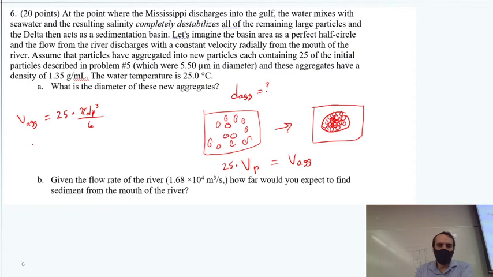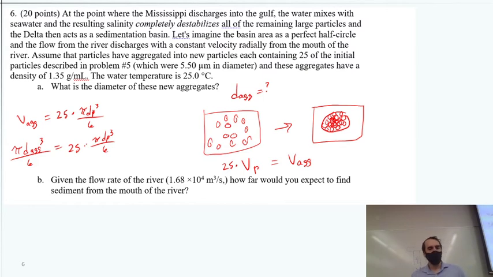With that, then we can also say that pi times the diameter of an aggregate cubed over 6 is equal to all of that, right? So 25 times pi d_p cubed over 6.